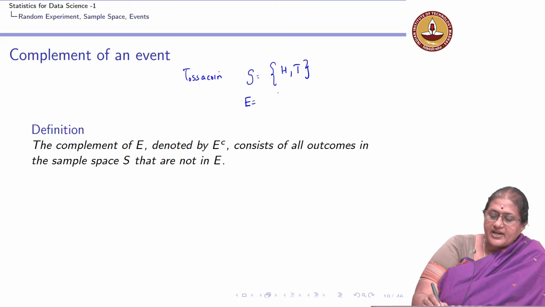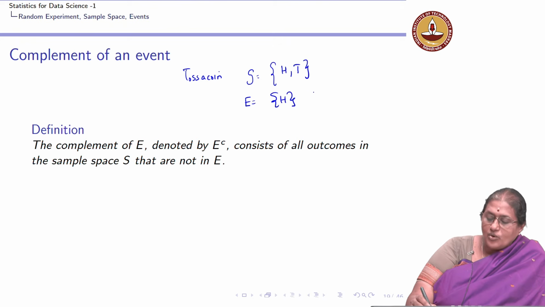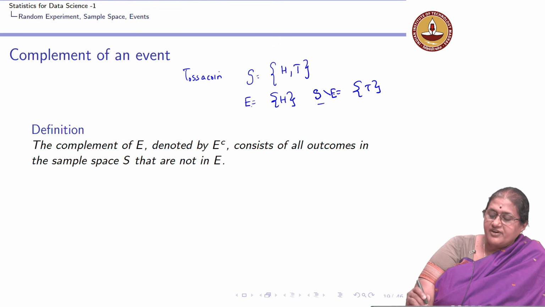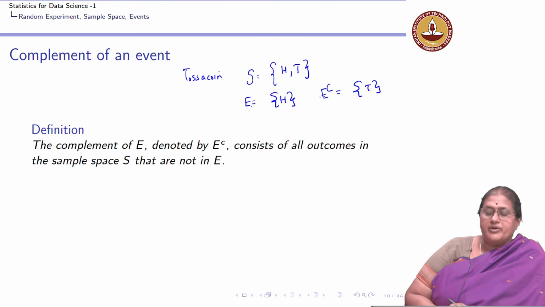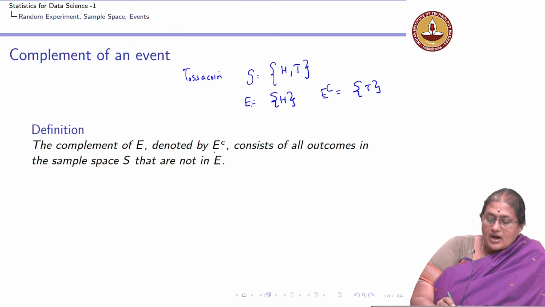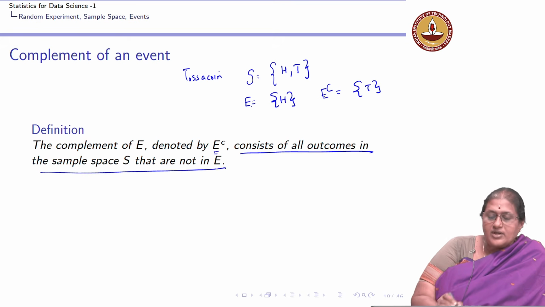If I define E to be the outcome of a head, I know the complement of E is S minus E, which is T. I can refer to this as E complement. Similarly, what is the E complement? It consists of all those outcomes that are not in E.